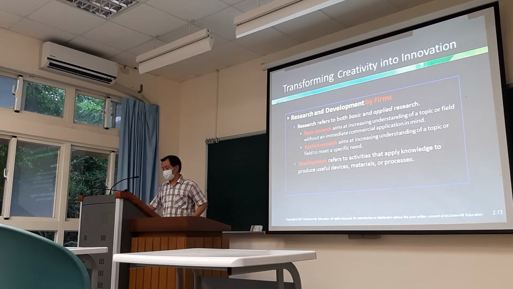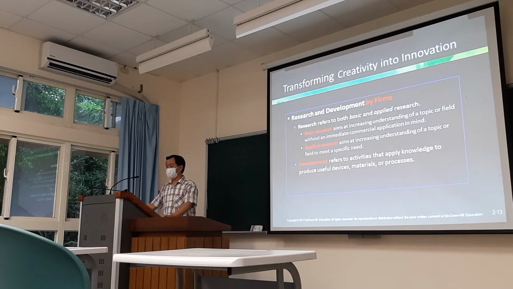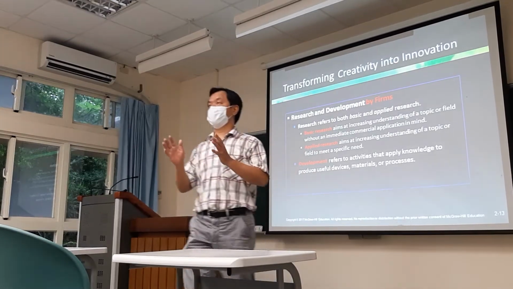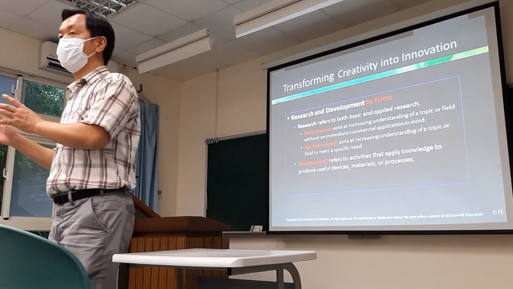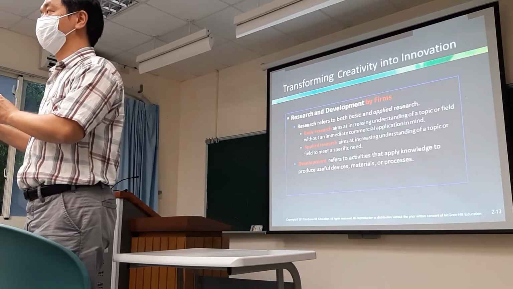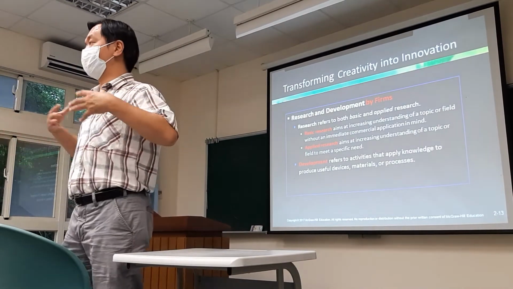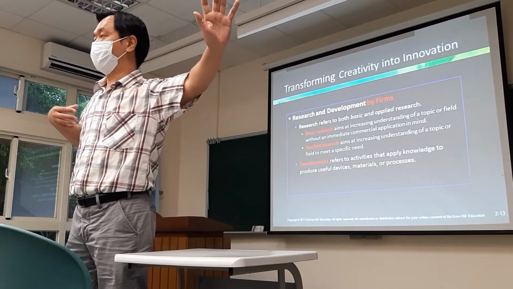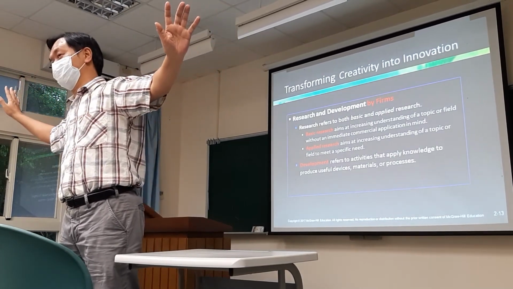Here, R&D. The full name is research and development. Did I mention how you distinguish research from development? No. In my world, one side is market and one side is technology.